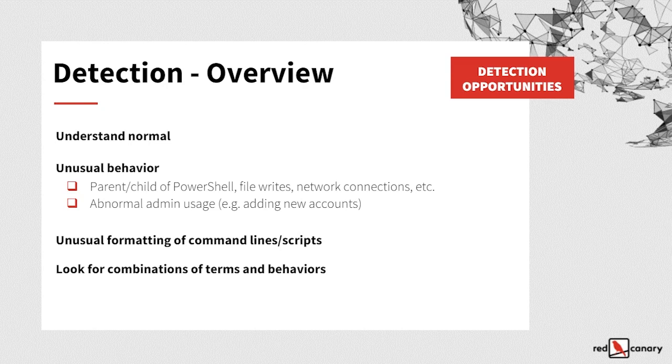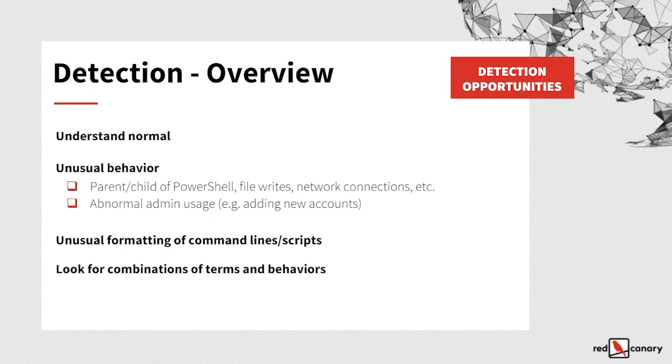In one environment, it could be super sketchy for an admin to add a new user in a certain way using PowerShell, but in another environment, that usage could be completely normal. Once you have an understanding of how it's used in your environment and what's normal there, it can help you see the stuff that's unusual.